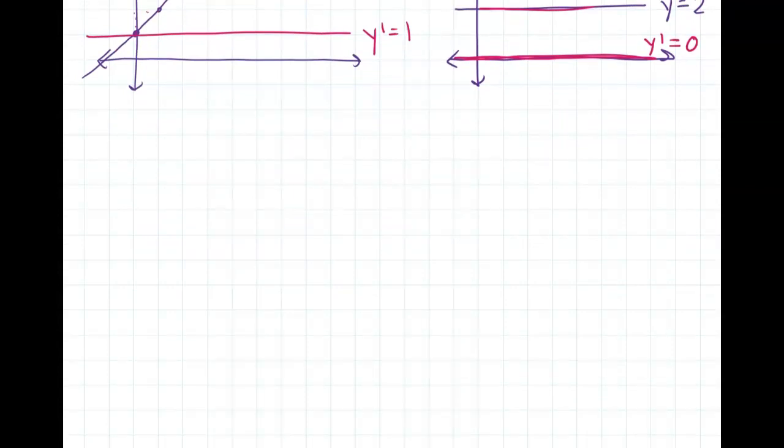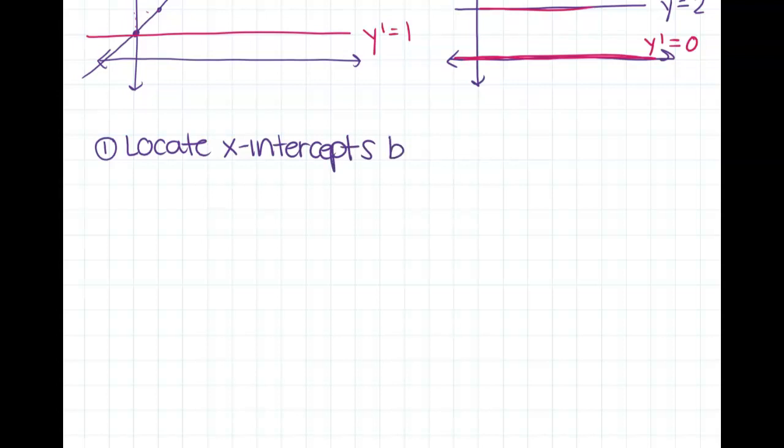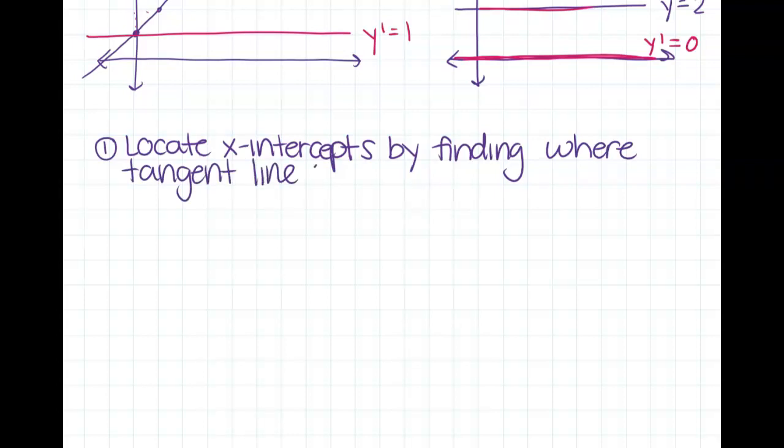So as far as finding the graphs of derivatives, they get a little complicated sometimes. So I wrote out some steps for us to use. Step 1 is locate x-intercepts by finding where the tangent line is horizontal.